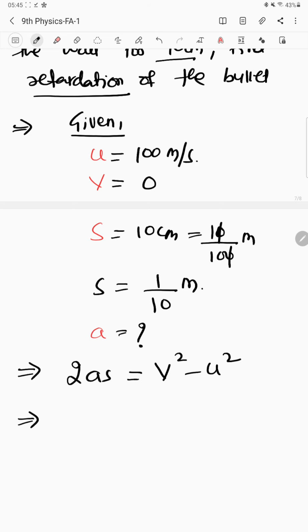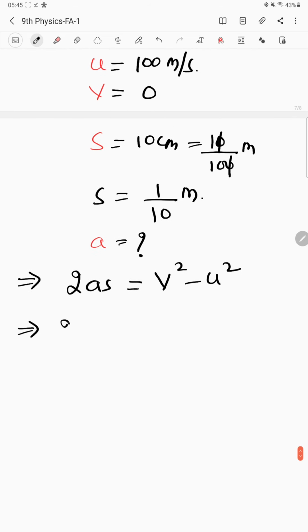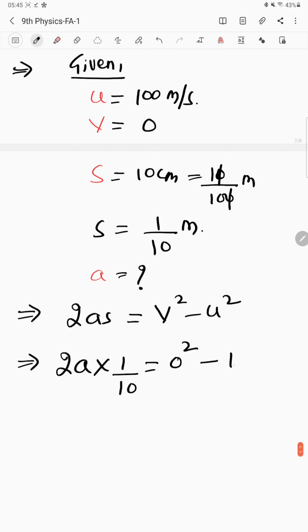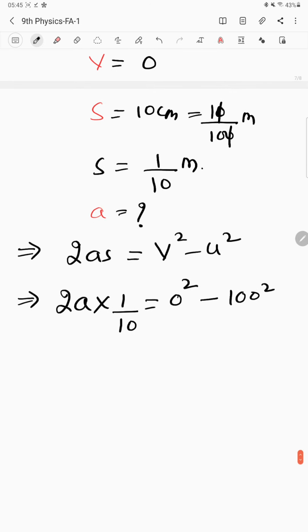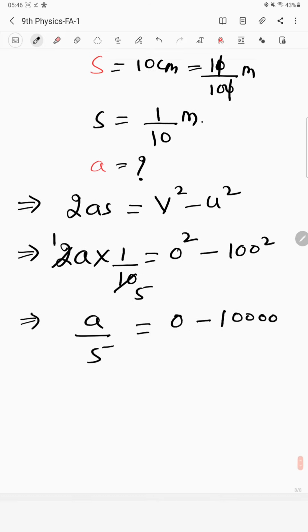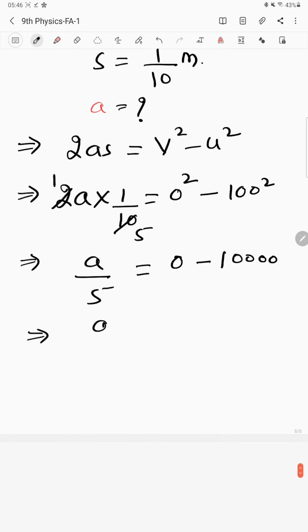So 2 into a into 1 by 10 is equal to 0 square minus 100 square. 2 ones are 2, 2 fives are 10, so it becomes a by 5 is equal to 0 minus 10,000, which has 4 zeros.